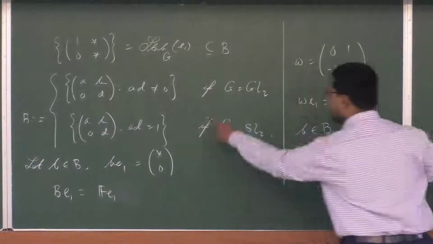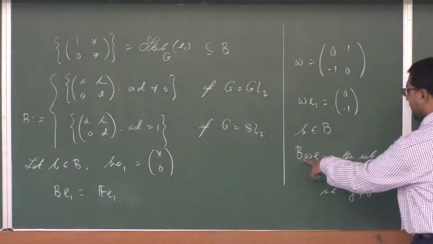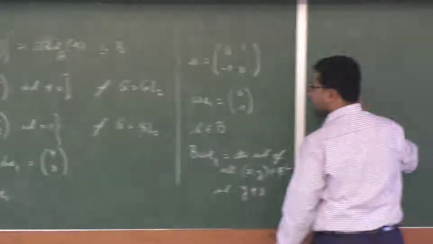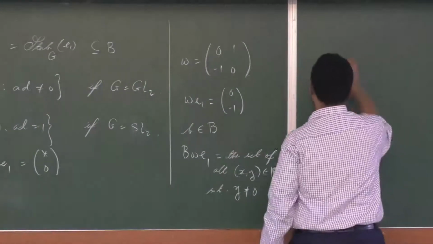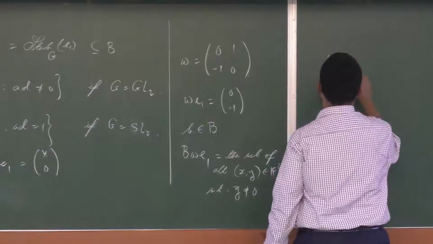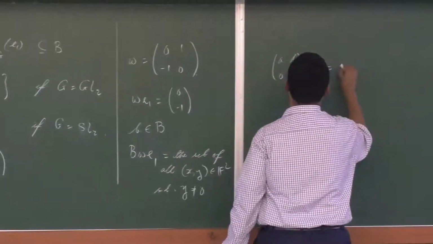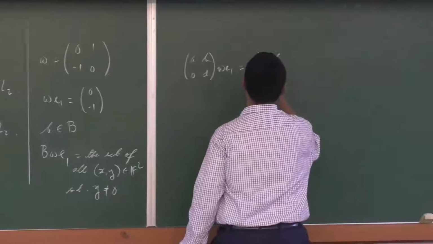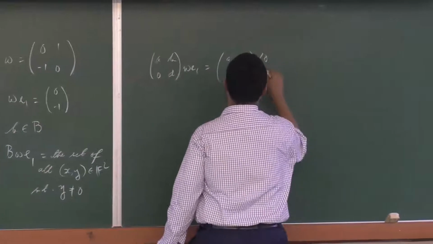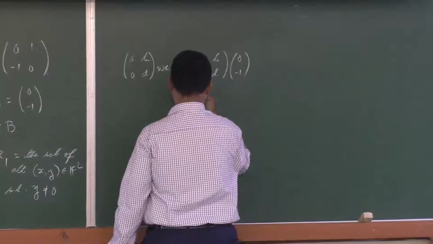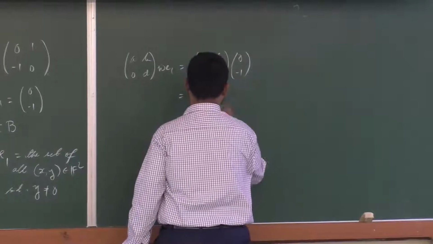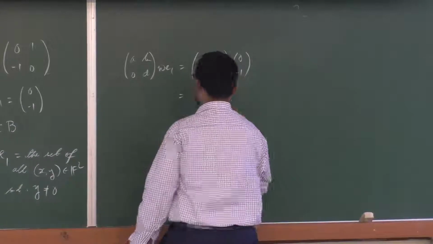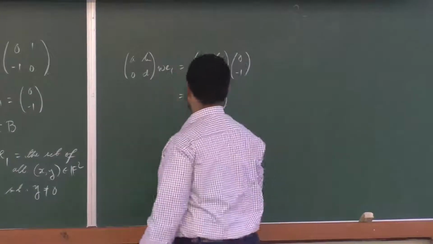So again let me do it for you. I should be somewhat careful while choosing the notation. If we take the matrix (A, B; 0, D) times W e_1, that means (A, B; 0, D) times (0, -1), so thus you get (-B, -D).